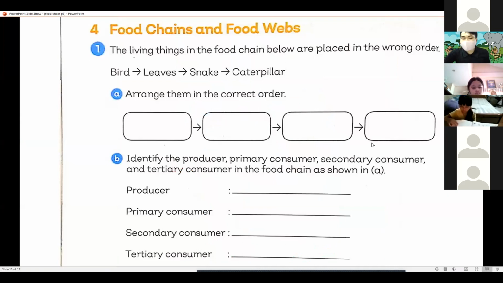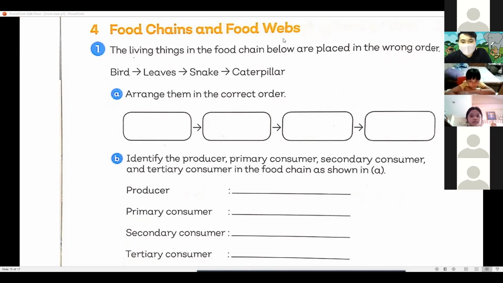Now, get your workbook. Get your workbook, please. Open it. Page 4 and 5. Pages 4 and 5 on your workbook. So it has here: the living things in the food chain below are placed in the wrong order. Okay. So bird, leaves, snake, caterpillar.